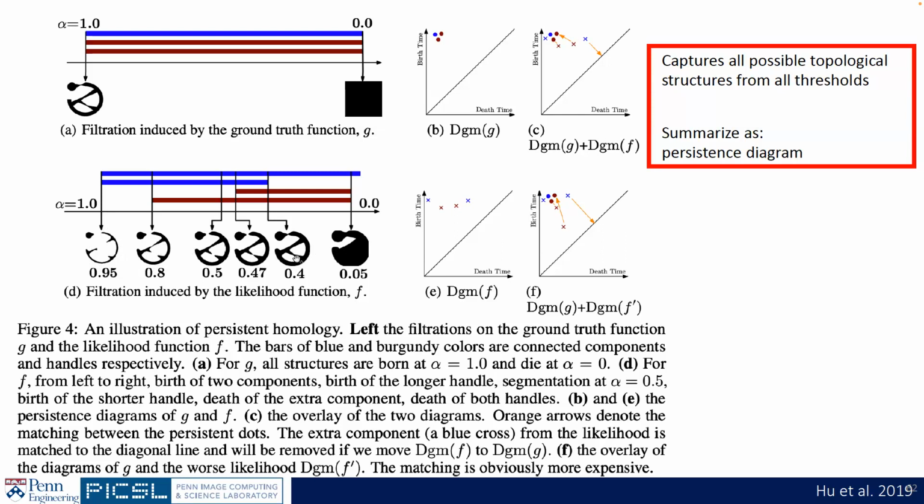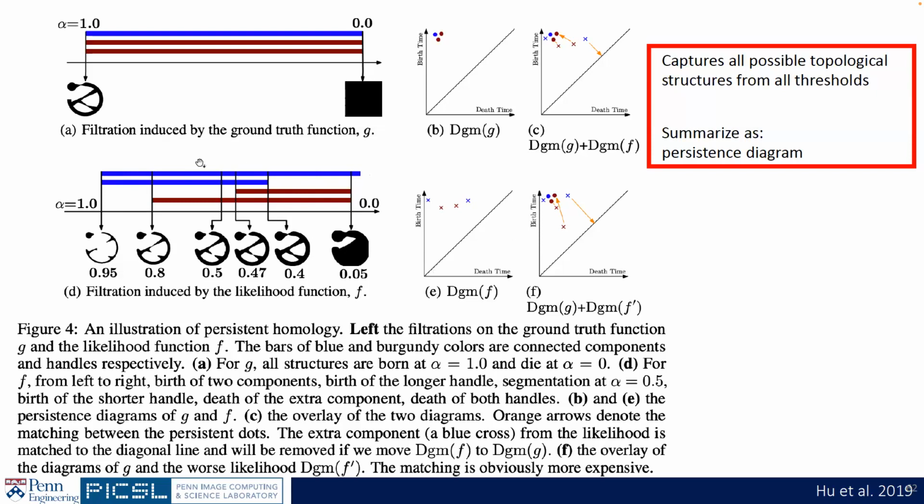So it's all about birth and death of these Betti numbers or these quantities, and we want to track them. Over here, blue indicates your connected components, let's say, and this maroon or red or burgundy indicates your handles.